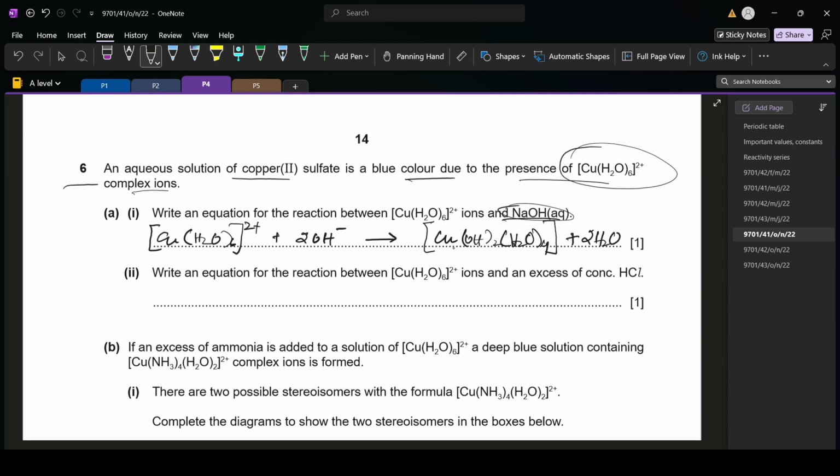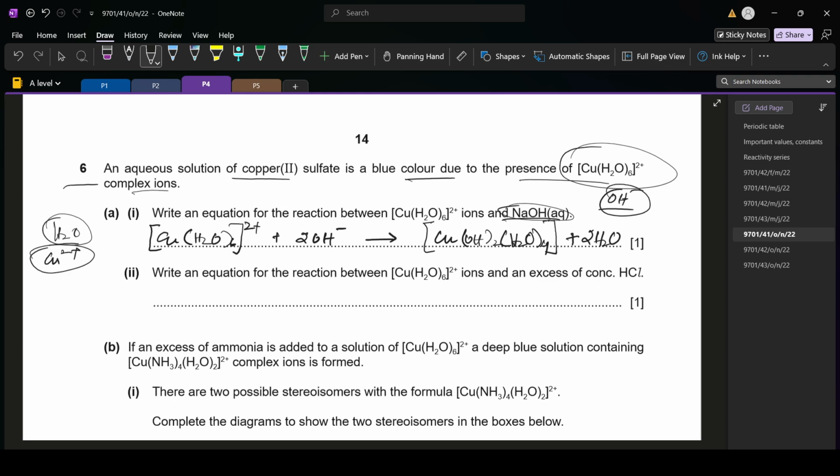That's your equation, and you can see that in this complex the charge is 2 plus because water has no charge and the oxidation state of copper is plus 2. So overall the charge on this complex is 2 plus, but OH ions have a charge of 1 minus.